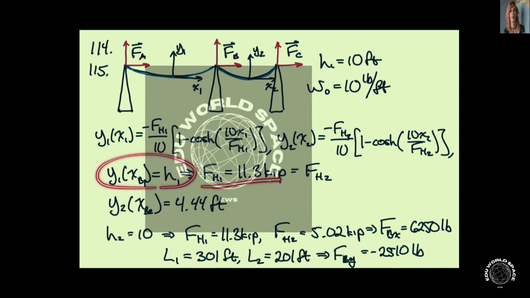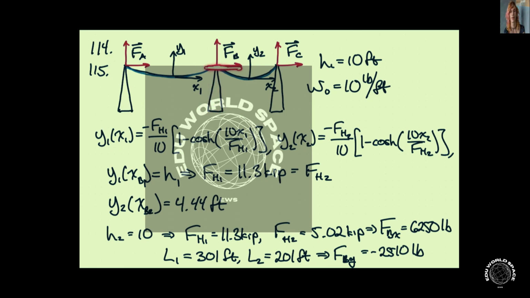We can't just invert this equation. But we get the value here from trial and error or from plotting it and finding the root, and it is 11.3 kip.